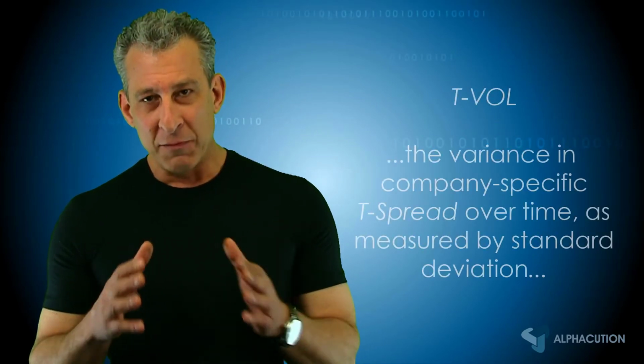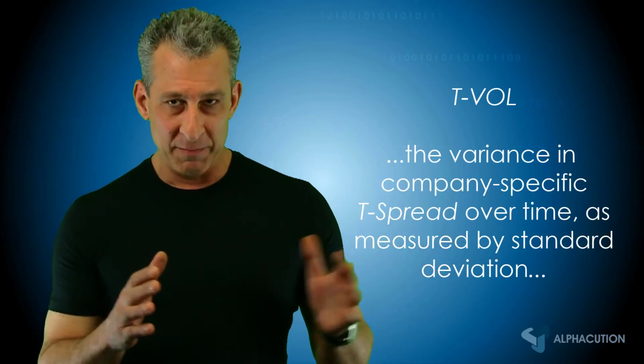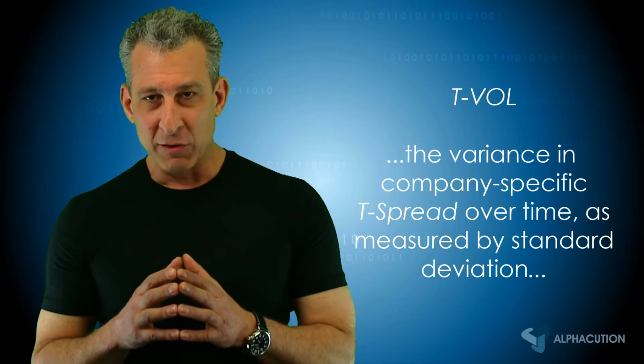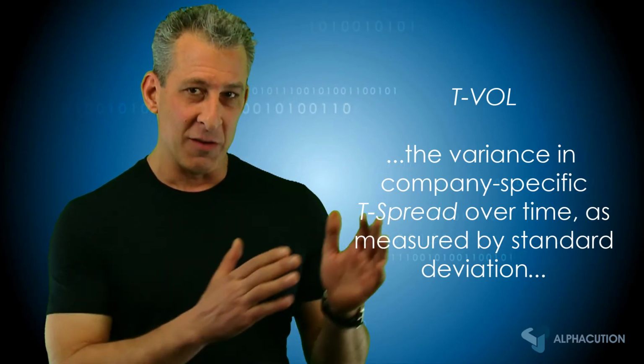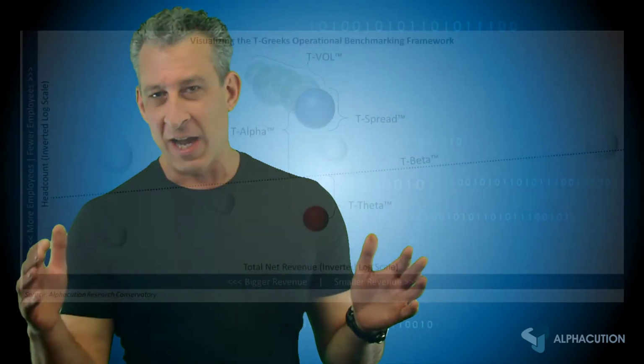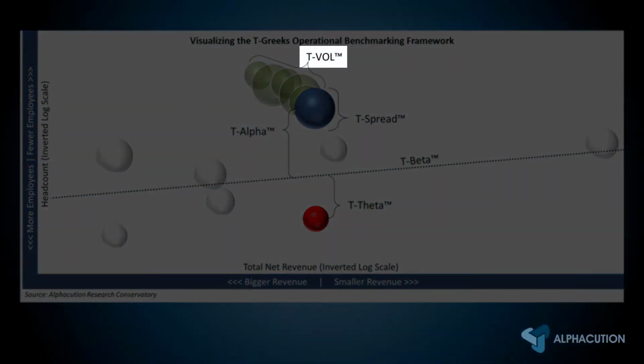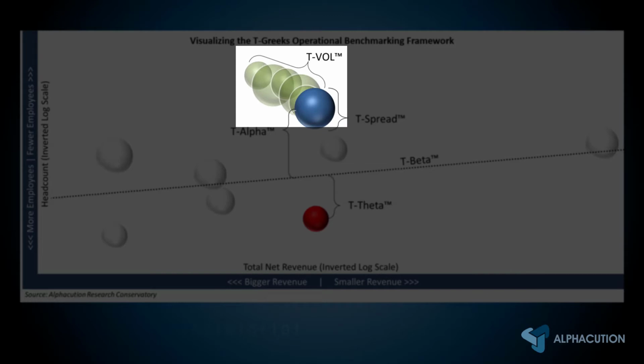This one looks at the volatility, the variance of T-spread over time. So this is a way to look at the volatility as measured by standard deviation of T-spreads over the time series for a particular bank. In this case, as I mentioned, 11, 12, 13-year time series.